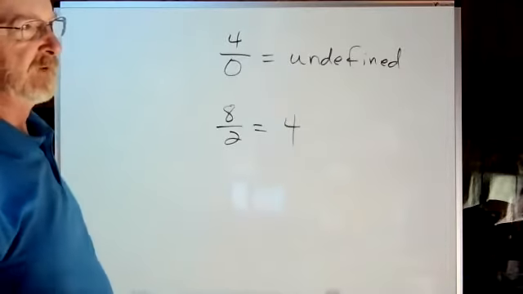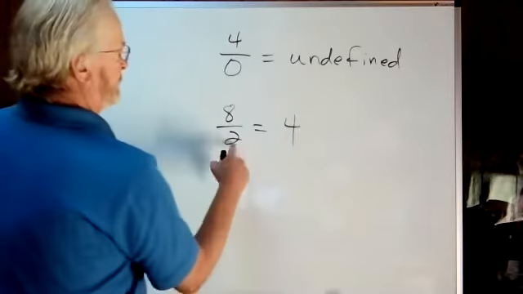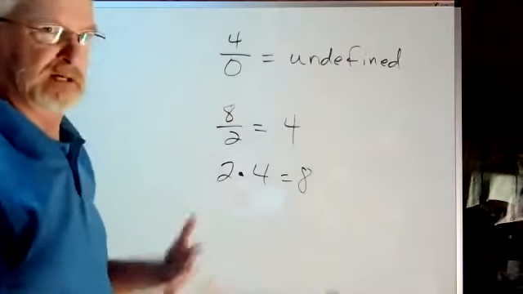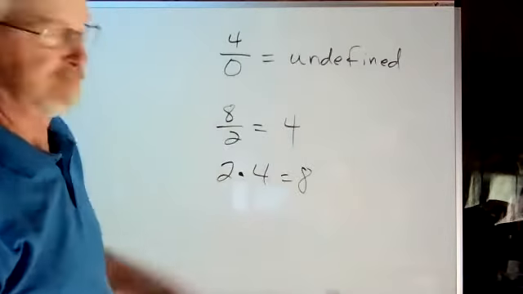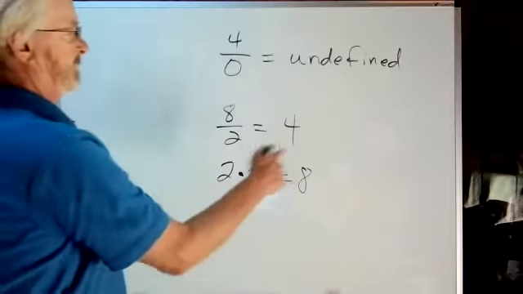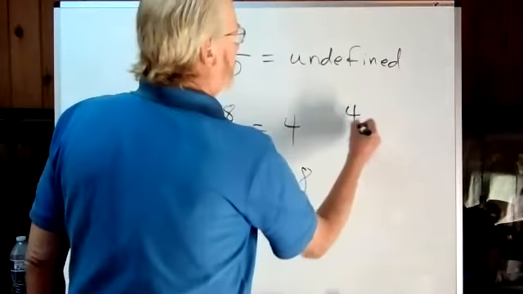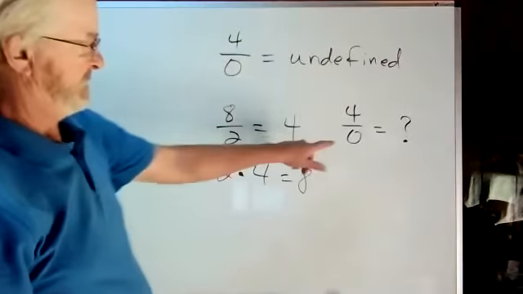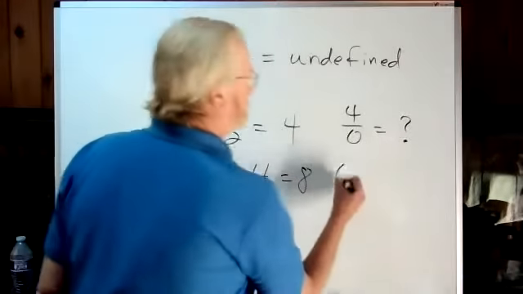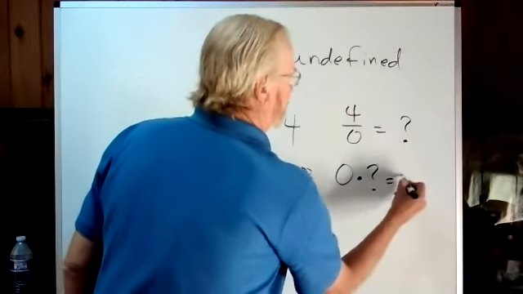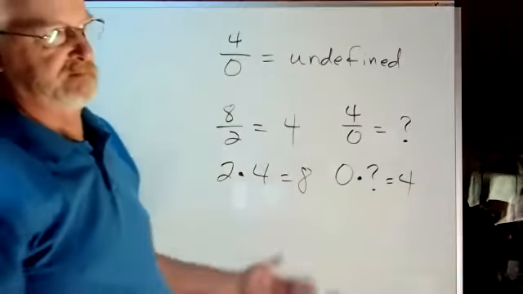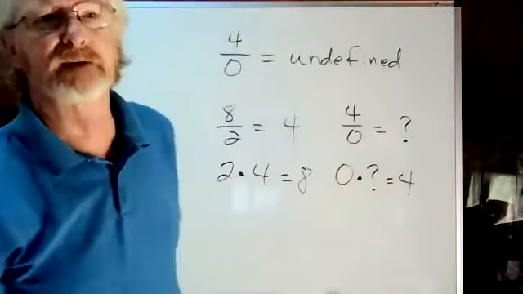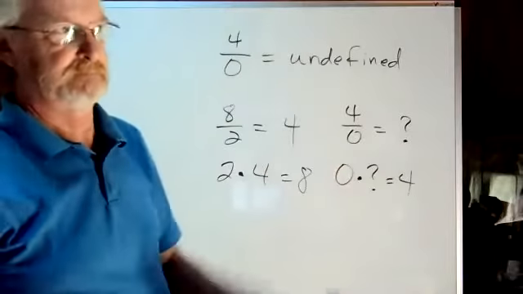We know that's true because 2 times 4 equals 8. We turn it around into a multiplication problem. If I have 4 divided by 0 equals something, that means 0 times something equals 4. Well, we just agreed 0 times anything is just 0. So you can't do that. You can't divide by 0.